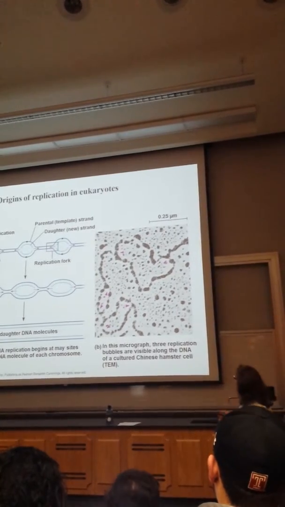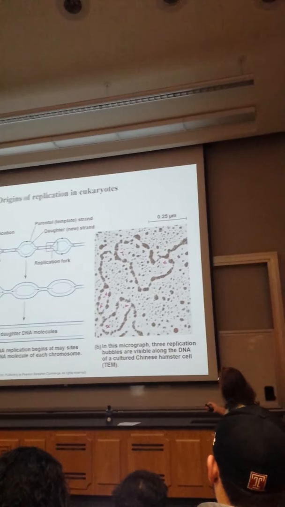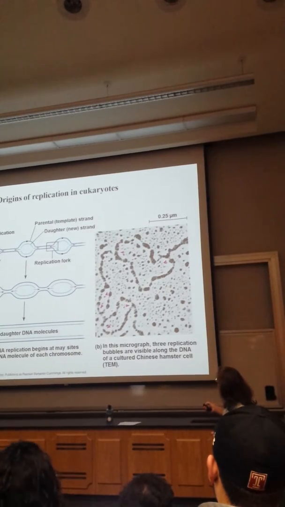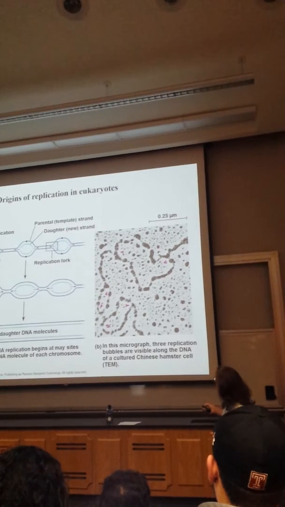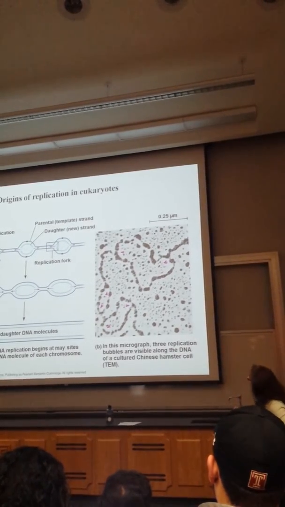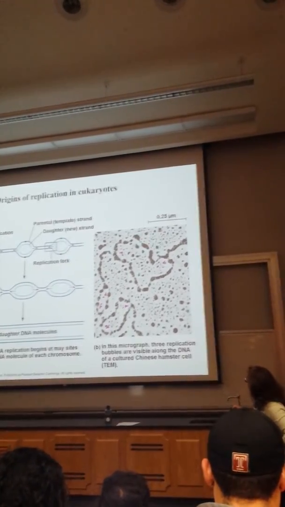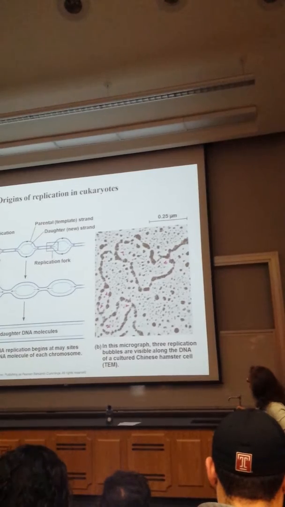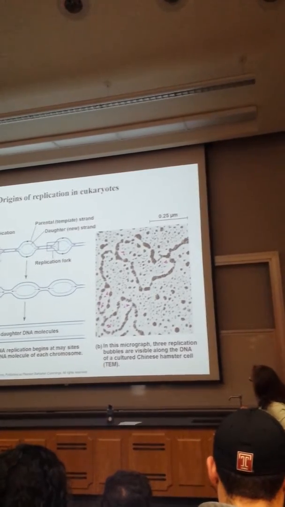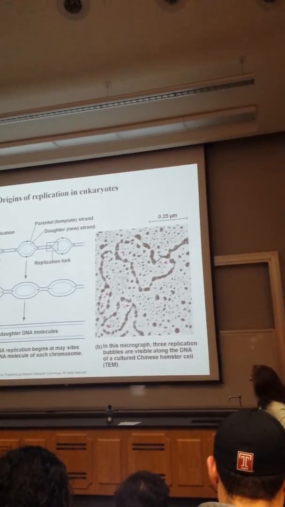So during S phase, the DNA helix is going to be opened up to form two single-stranded regions. And then each single strand is going to become a template for DNA polymerase.